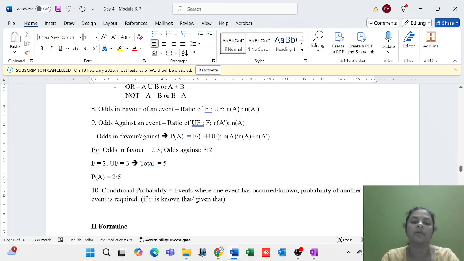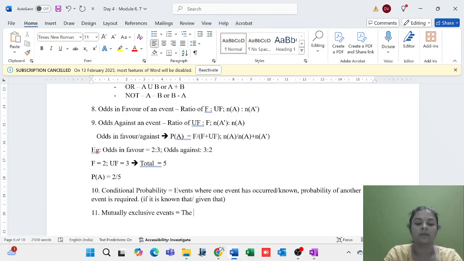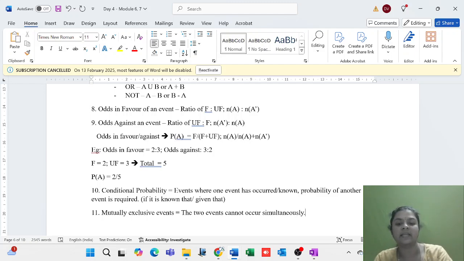Now, another important term that you have to remember is mutually exclusive events, where the two events cannot occur simultaneously. In other words, the probability of the two events occurring together is 0.